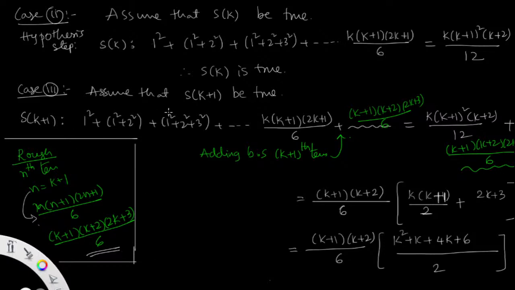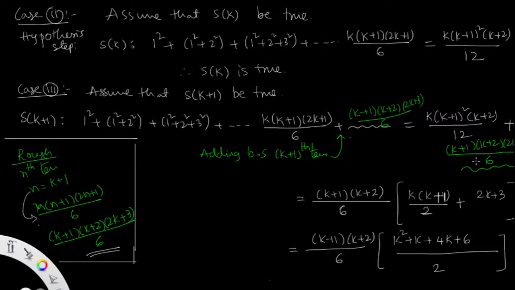That is 1 square plus 2 square plus 3 square, going like this, equals k into k plus 1 into 2k plus 1 by 6, equals k into k plus 1 whole square into k plus 2 by 12.